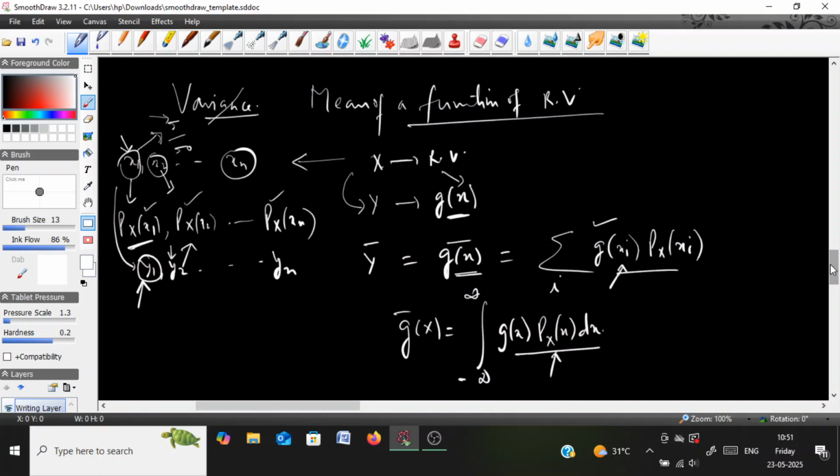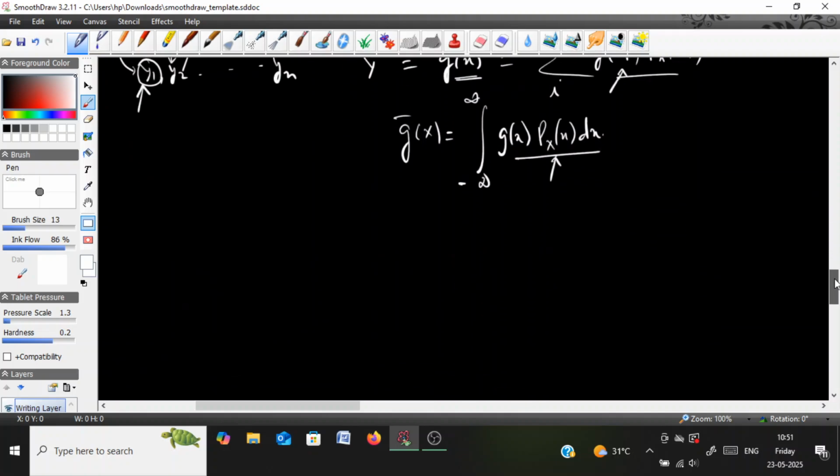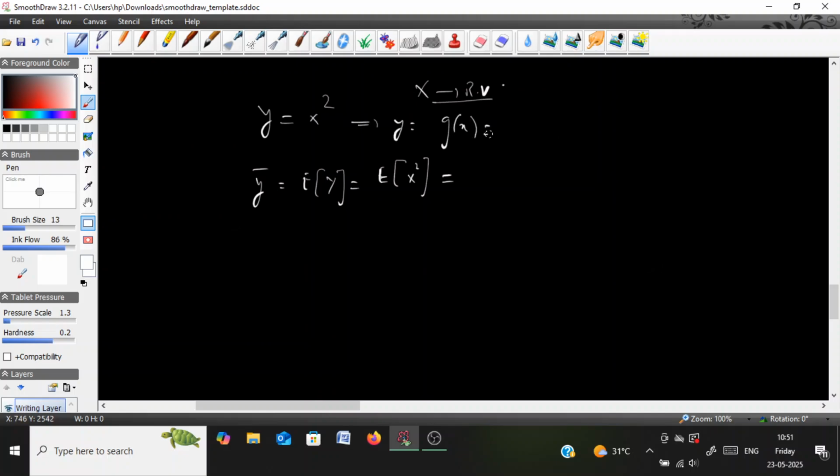Like suppose one important case is if I define a function y equal to x square. If x is a random variable and y is equal to x square, and you find the mean of y, or the expected value of x square, then in this case the function g of x is simply x square.